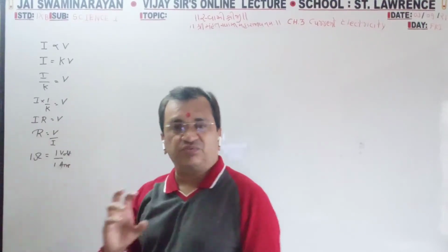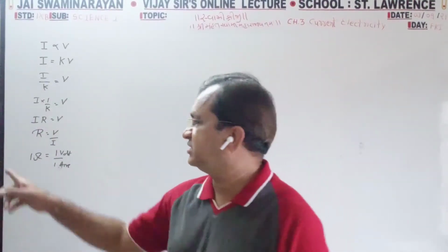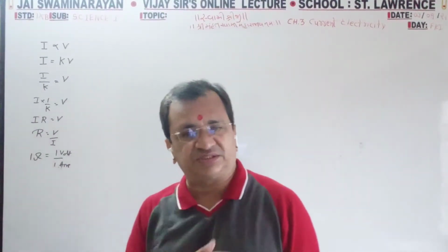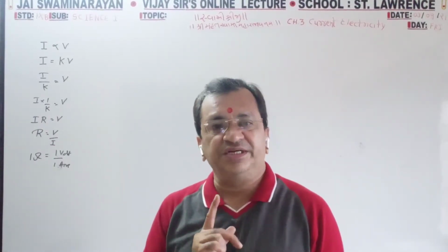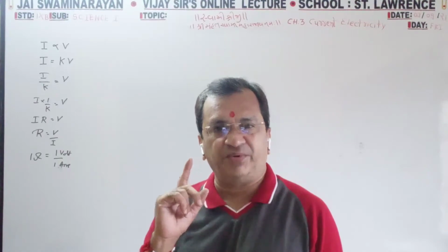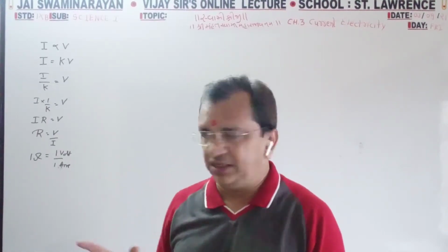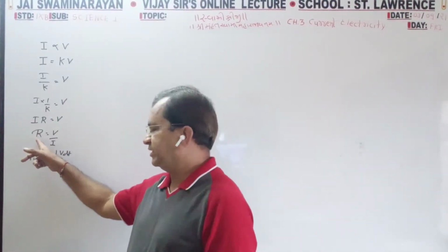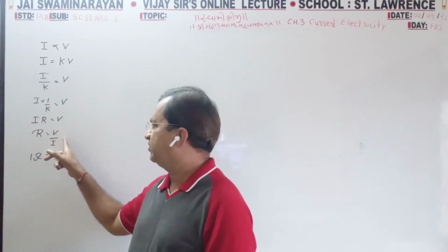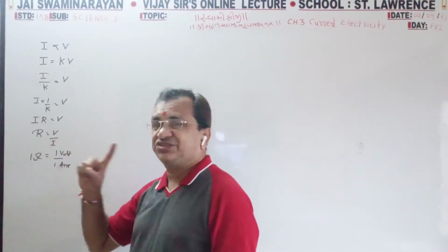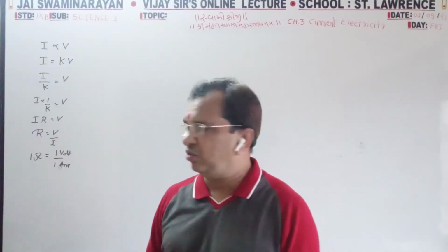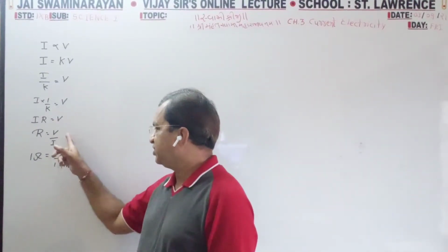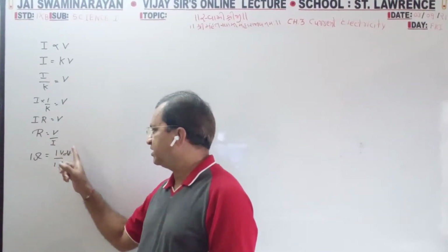So what is the definition of resistance? R stands for resistance. Resistance is equal to the ratio of potential difference to current. Resistance is said to be 1 ohm when the potential difference is 1 volt and the current is 1 ampere.